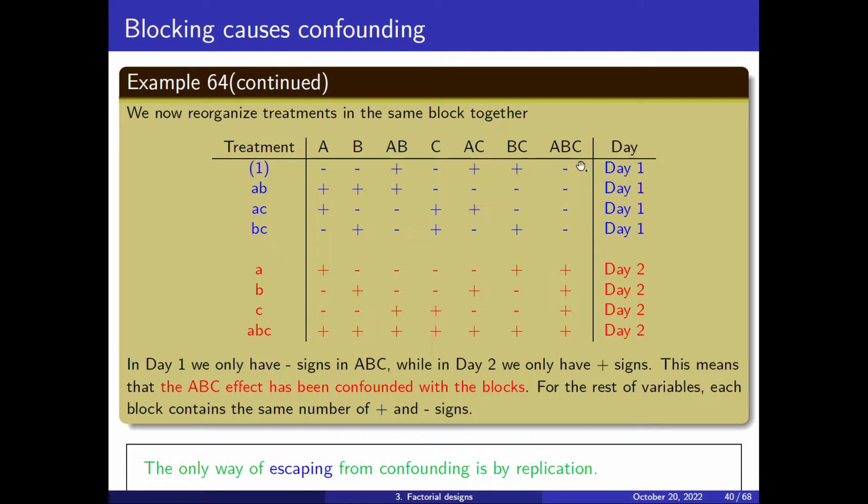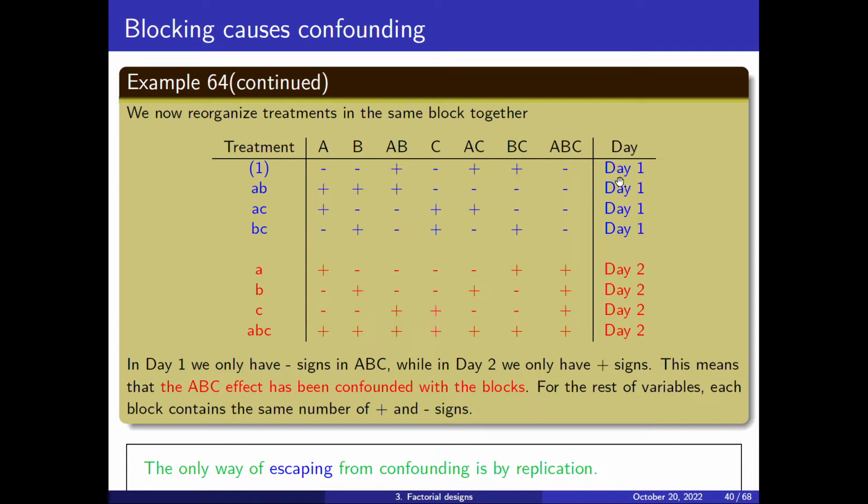ABC has been confounded with the day. And the same happens for AB. AB has also been confounded with the day, and also A. So some of the main effects, the second order effects and the third order effects have been confounded with the day.